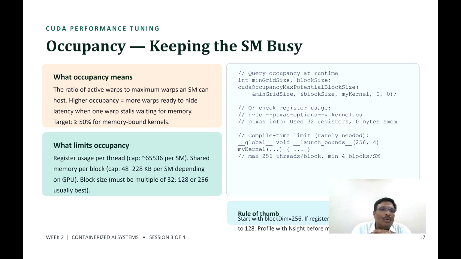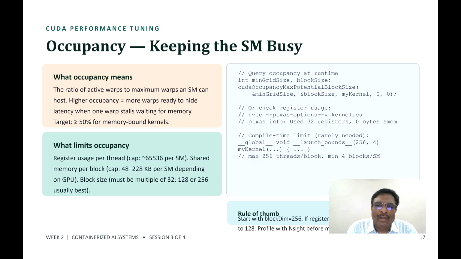basically. Register usage per thread is the limit which these GPUs sometimes give us. Then there is the shared memory per block. What can be the block size? It should be in multiples of 32, like 128 or 256 or whatever, because we have to work with 32 threads as a group.